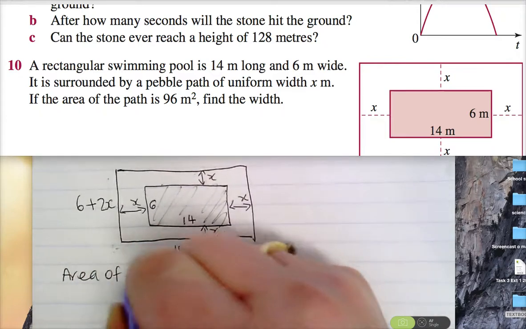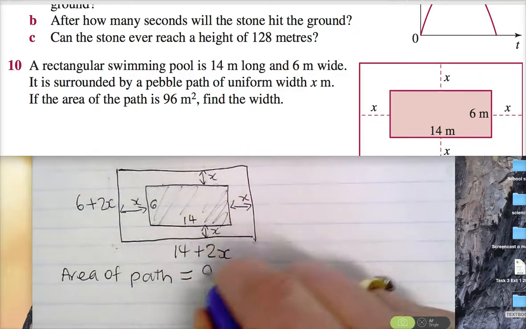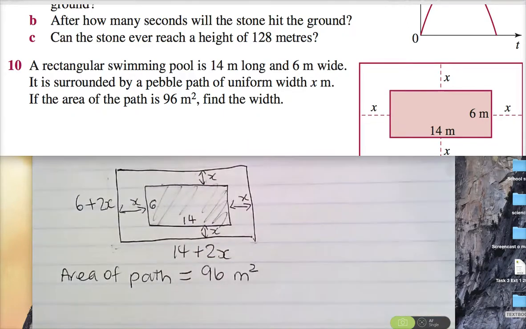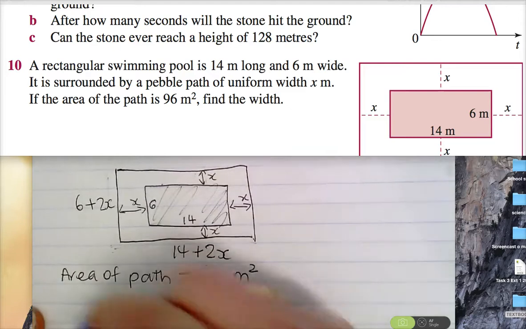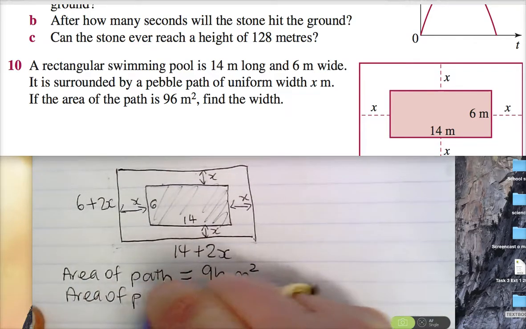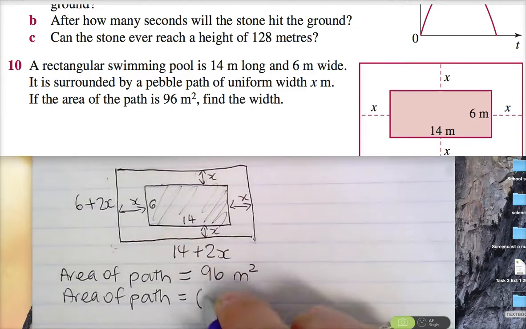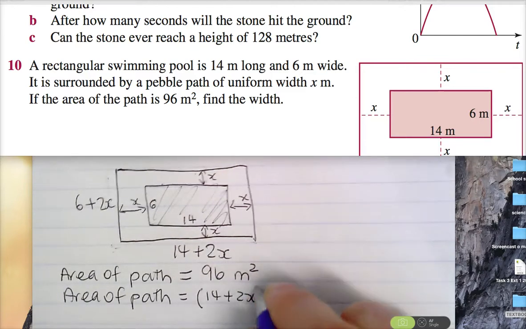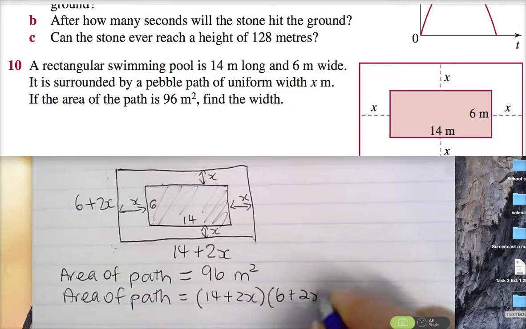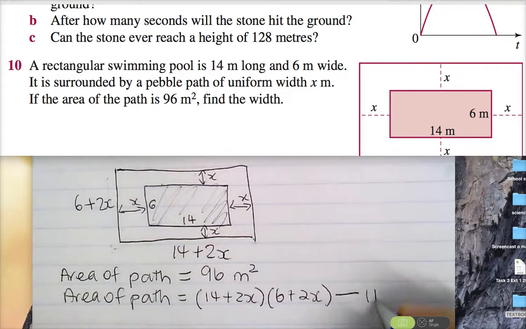They've told us it's 96, but how do I work it out as a formula? I want to know in terms of rectangles. Big rectangle minus small rectangle: big rectangle is 14 plus 2x times 6 plus 2x, minus small rectangle is 14 times 6.